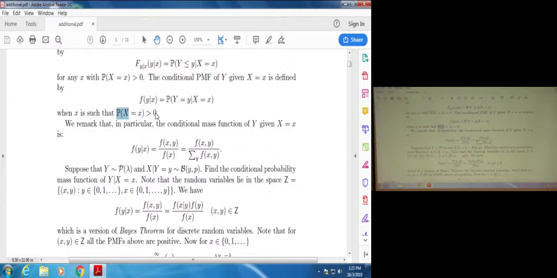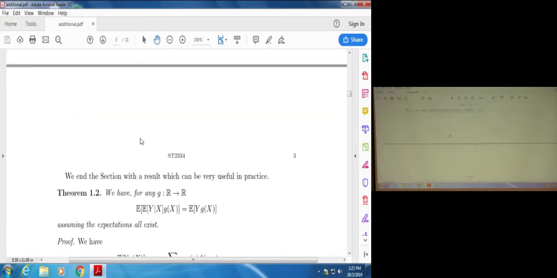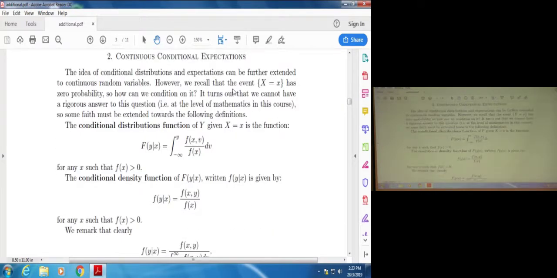So what we want to do now is to study this notion when the random variables X and Y are continuous. The key point is, how do I construct a conditional density function of Y given X if X and Y are continuous, and we know a priori that the probability of the event X equals x is 0? Indeed, the event X equals x is a null set, it has probability 0.